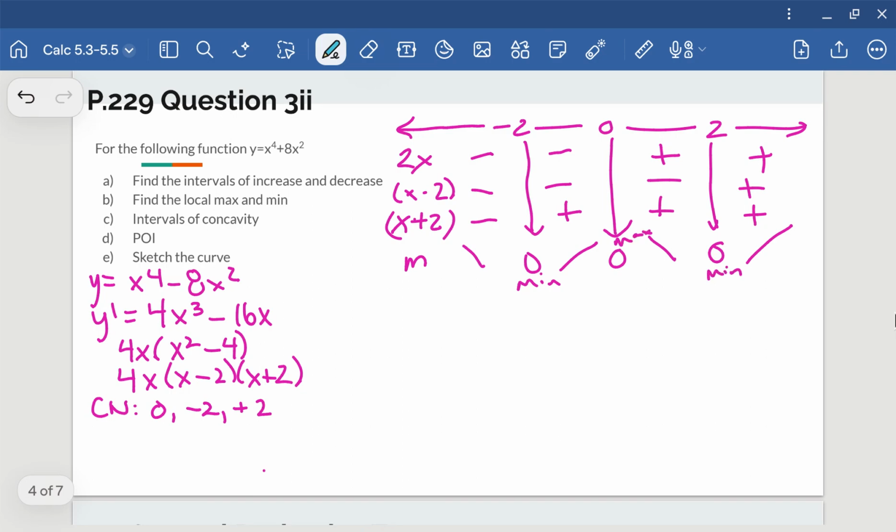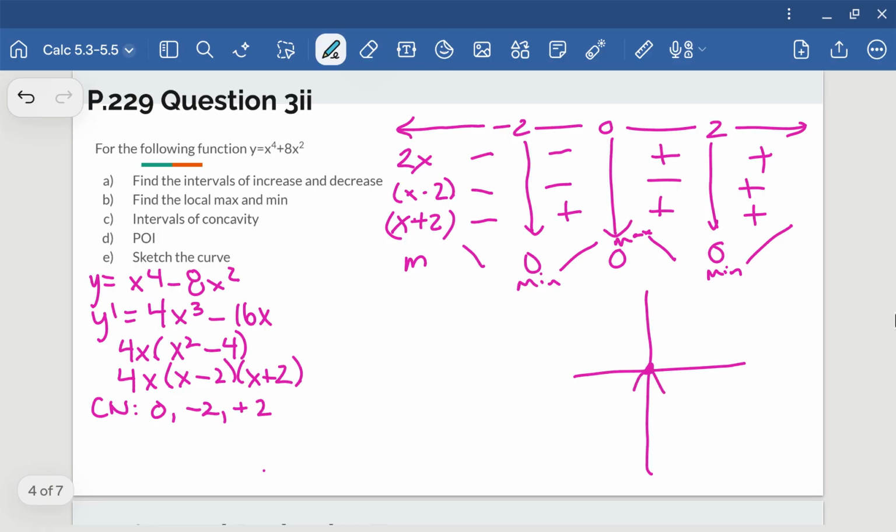So I would also want to know what my y values are at those points. So when I come to draw it, I can start to draw a little bit here, and then I'll add to it afterwards. If I was drawing this part out from this information, I know that at 0, I have a maximum, so then it goes down.